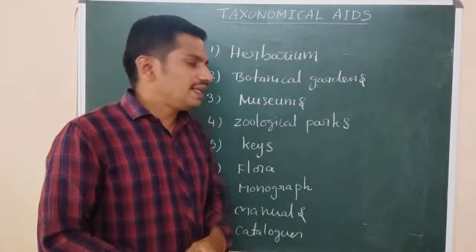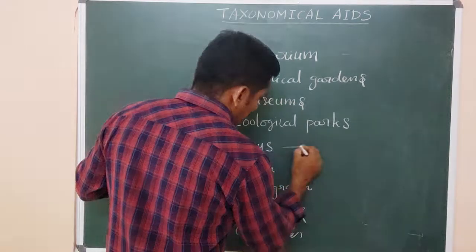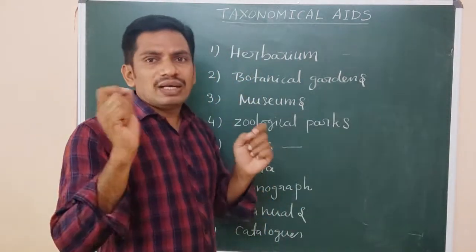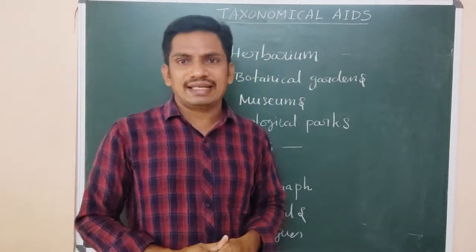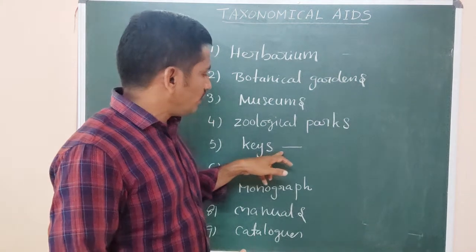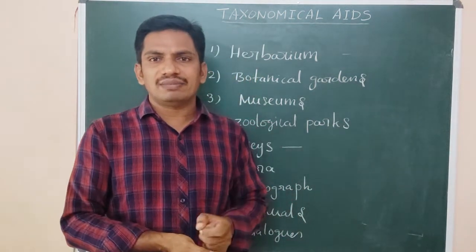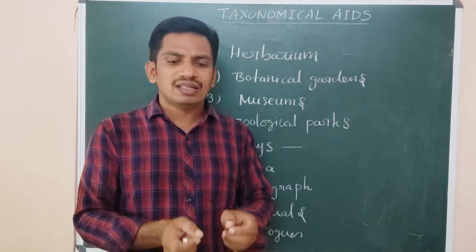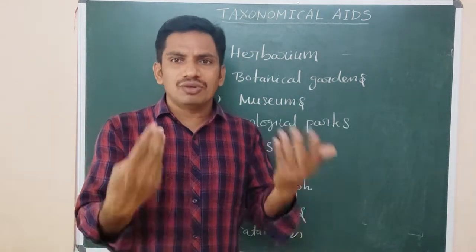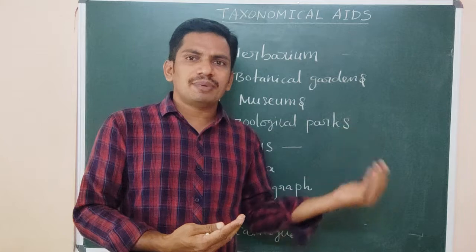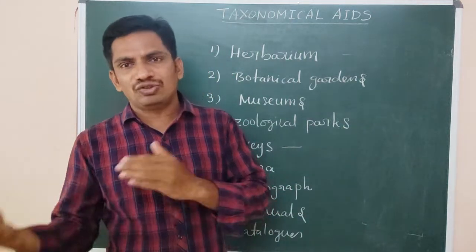Keys. A key has one pair of contrasting characters. When you characterize any organism or plant species, we require some characters. We should know whether it belongs to the protozoa or to the angiosperms.